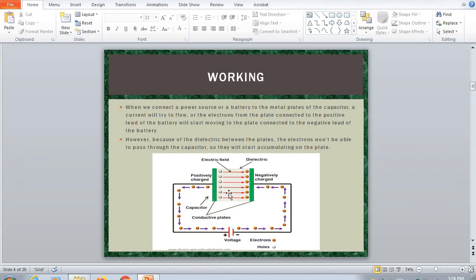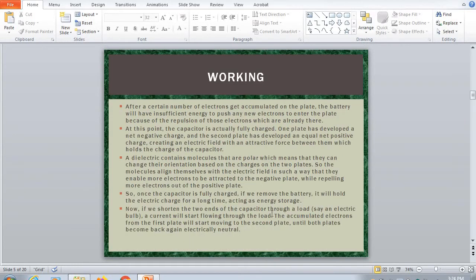However, because of the dielectric medium present between the plates, the electrons won't be able to pass through the capacitor, so they will start to accumulate on the plates. After a certain number of electrons get accumulated on the plate, the battery will have insufficient energy to push any new electron to enter the plate because of the repulsion of those electrons which are already there. At this point, the capacitor is fully charged.